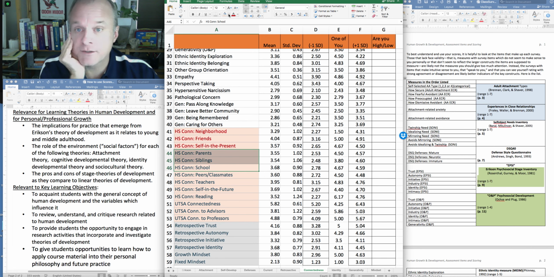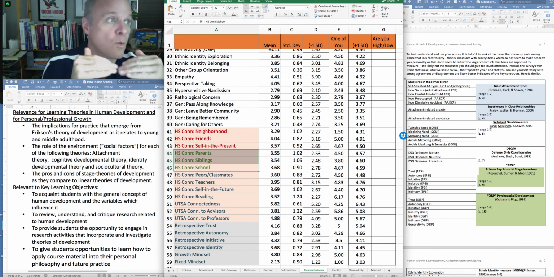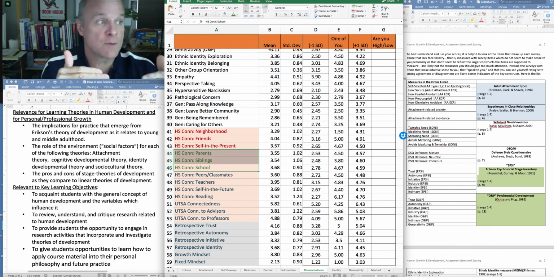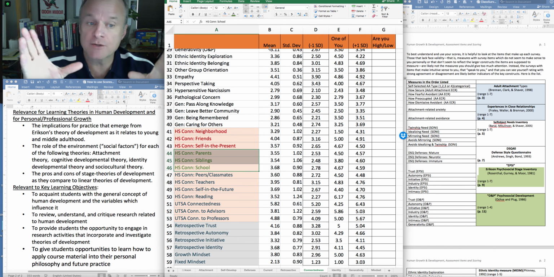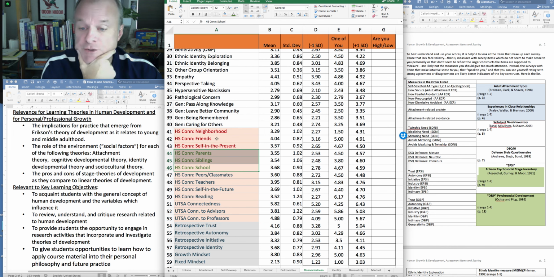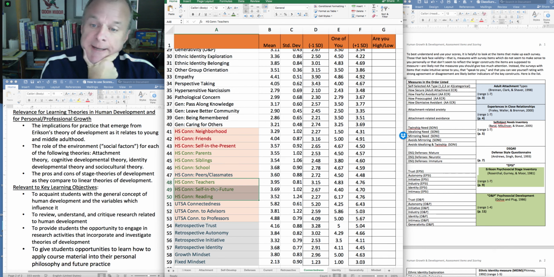I'm going to put conventional in green because the conventional scales measure one's acceptance of, valuing of, caring about, and working hard in worlds that matter to adults and worlds that are relevant to my future.